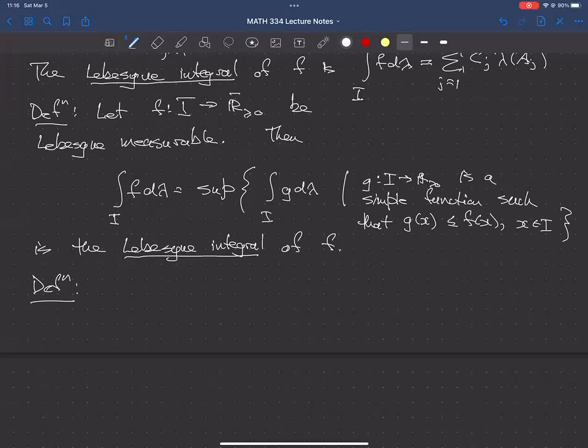Now, for the arbitrary case, we do just like we did when we built the Riemann integral. We started with the Riemann integral defined for positive functions, and then when we defined the integral for an arbitrary function, we took the positive and negative parts and defined the integral to be the difference between the two integrals. We're going to do the same construction here.